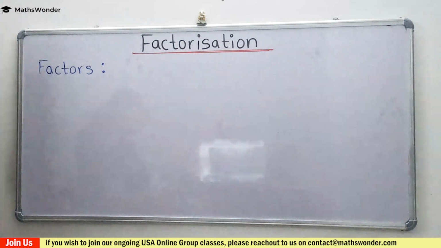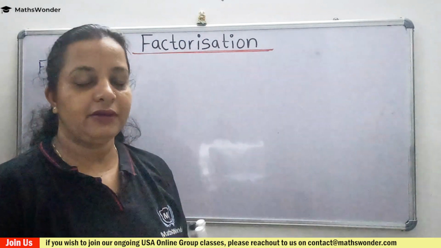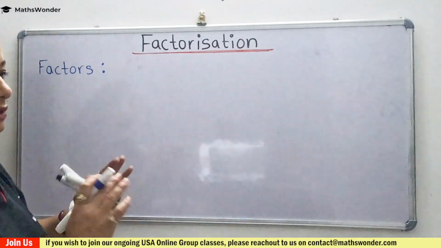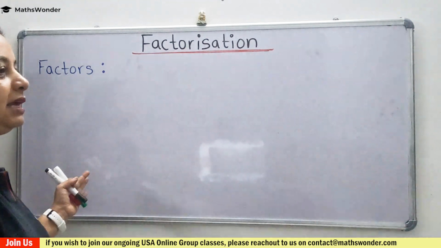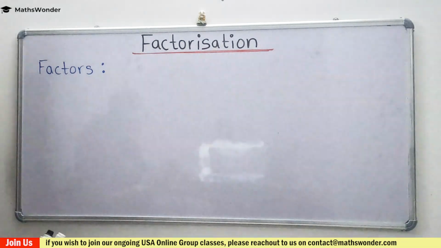So like natural numbers, algebraic expressions can also be expressed as a product of factors, right? Just normal factors, you know them with natural numbers, but we'll do the same thing with algebraic expressions. An algebraic expression can be expressed as a product of factors, which may be numbers, algebraic variables, or algebraic expressions.